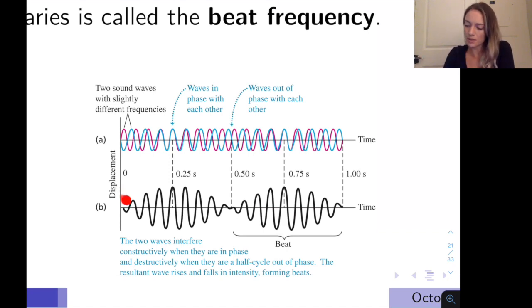Here, in 1 second, we have 2 repeats of our beat pattern. So the beat frequency is 2 hertz, because we have 2 cycles per second.